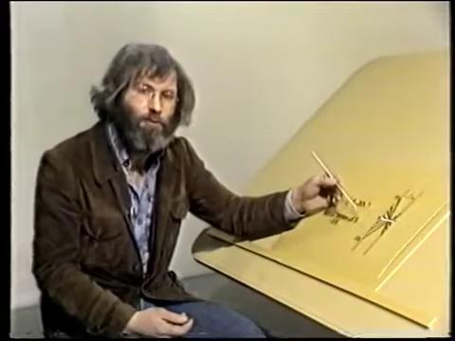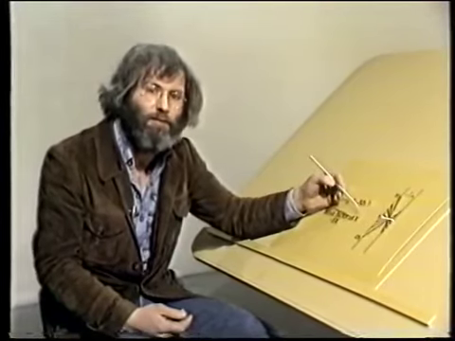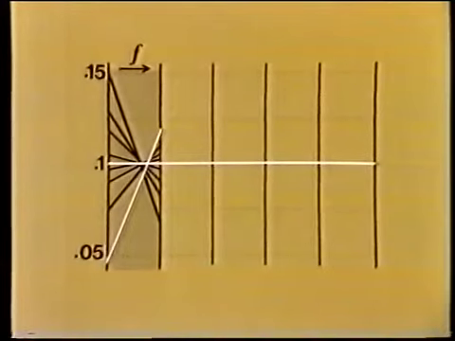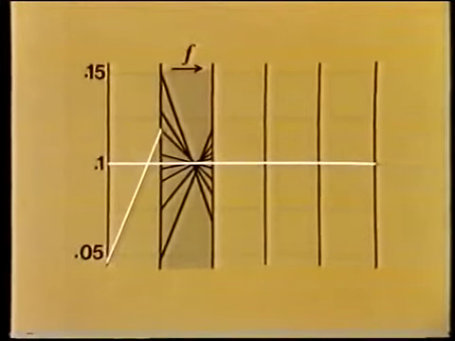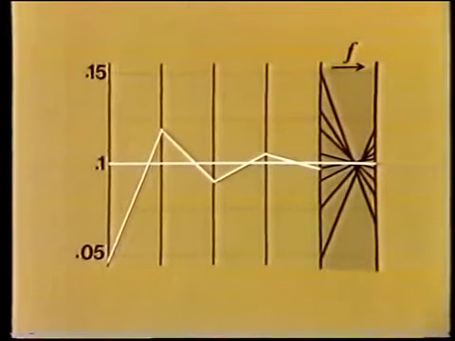And the iteration sequence starting from x1 equals 0.05 looks like this. And so on. We get convergence to 0.1 because the errors are multiplied by a factor of minus a half.